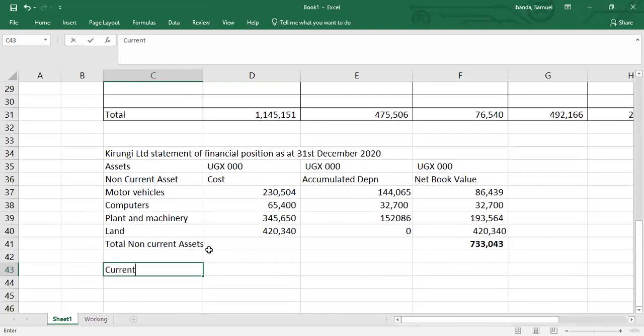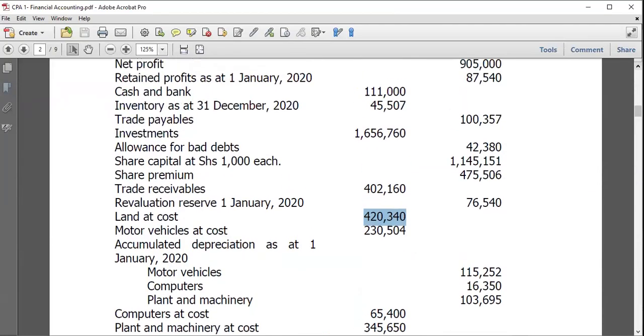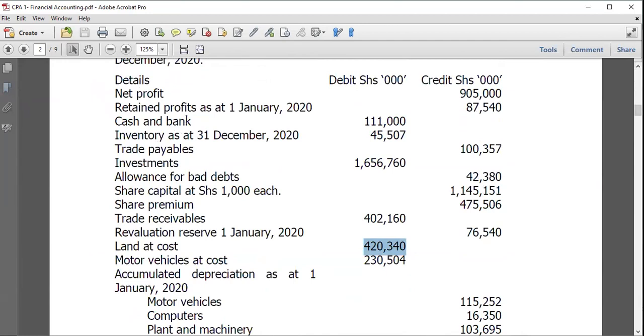So I'll go to my current assets now. With my current assets, the main thing is to look out for what are my current assets. What do I have for my current assets? I was given cash and bank, and then I have inventory.